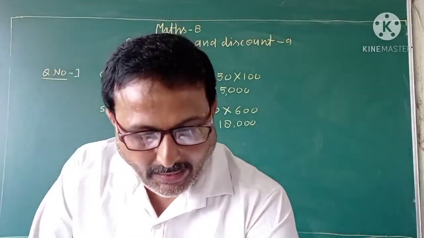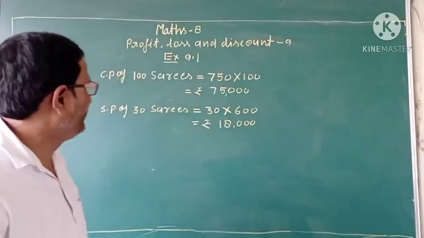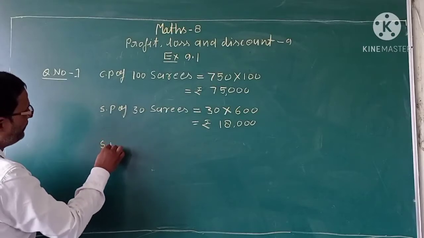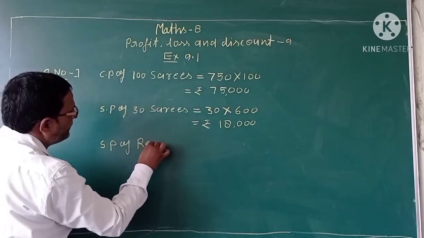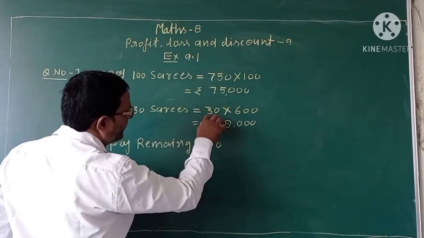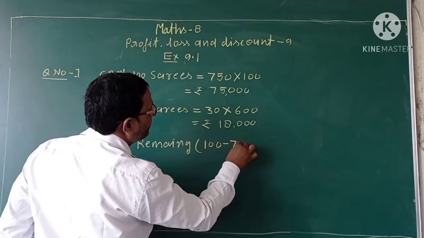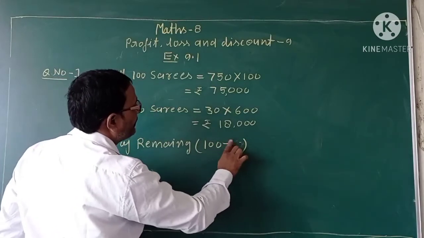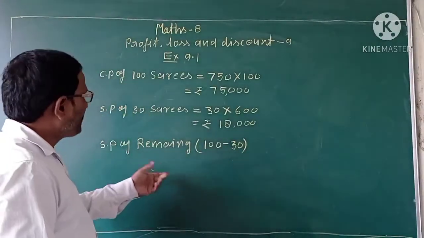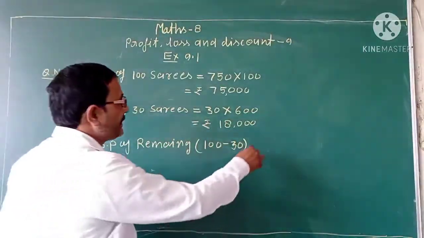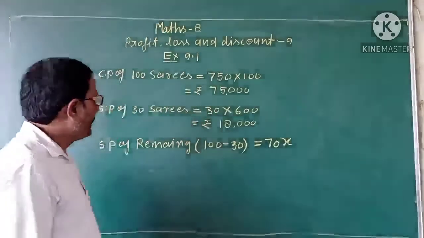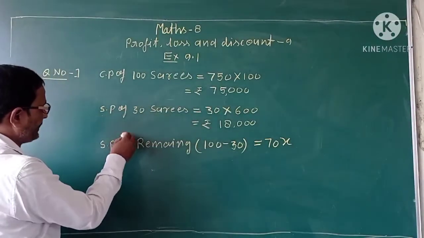Asking, at what rate should he sell the remaining sarees? How many remaining? 100 minus 30 already sold, so 70 sarees remaining.